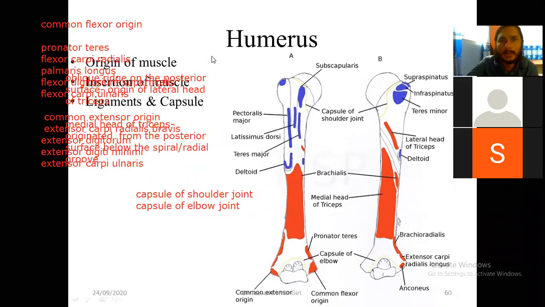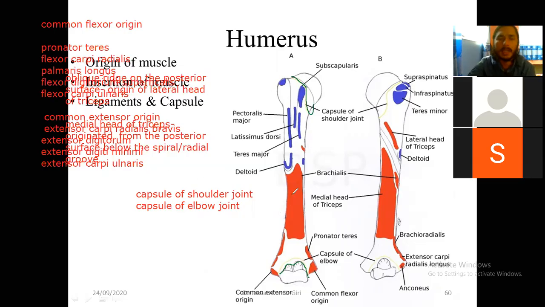Here will be the capsule, the attachment of the capsule of the elbow joint. Here will be the attachment of the capsule of the shoulder joint. Thus you can give the name for this.